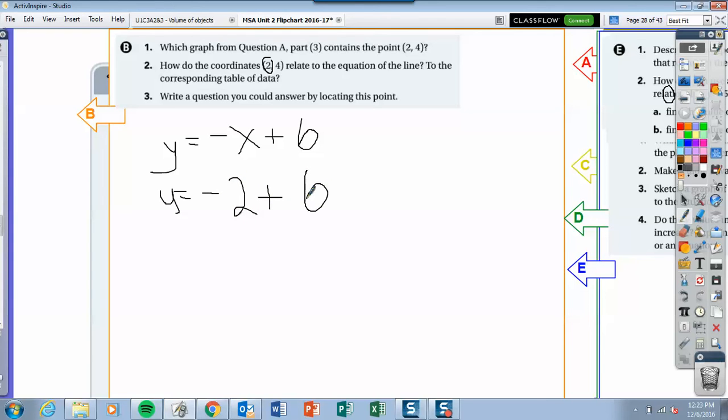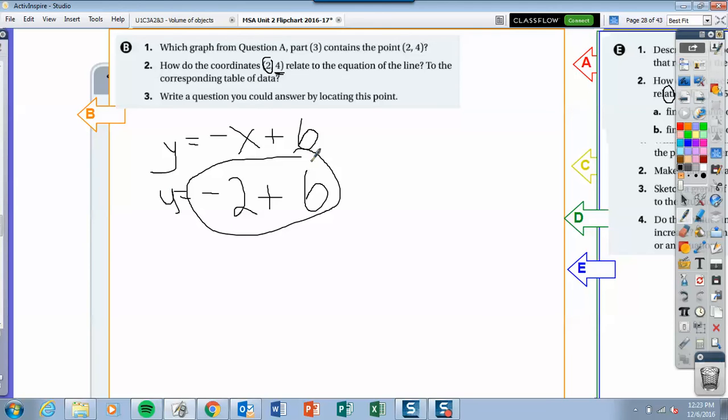And if this over here actually equals what the y value should be of 4, then we're good to go. -2 plus 6 does equal 4. Therefore, I know that this coordinate goes with this equation.